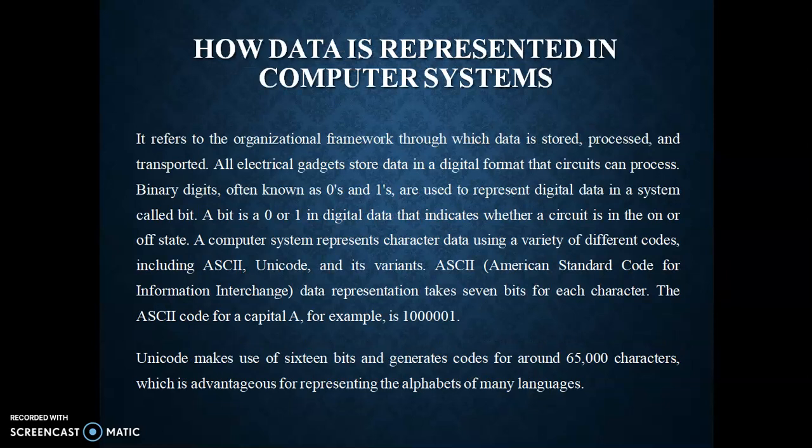How data is presented in computer systems. It refers to the organizational framework through which data is stored, processed, and transported. All electrical gadgets store data in a digital format that circuits can process.